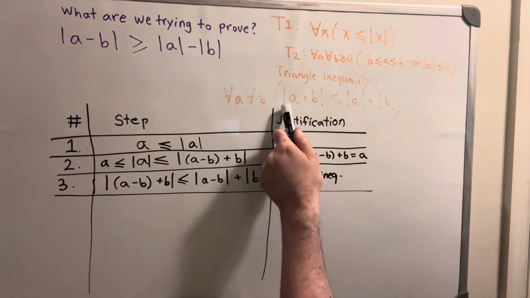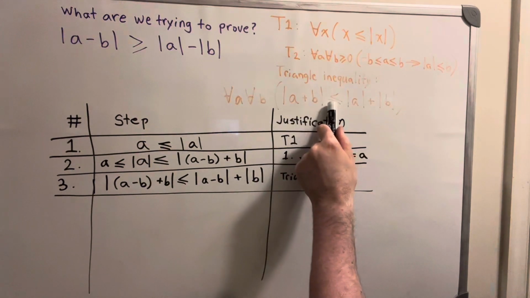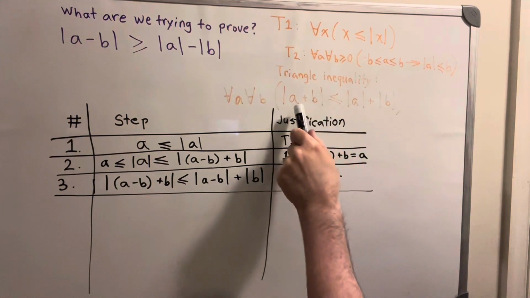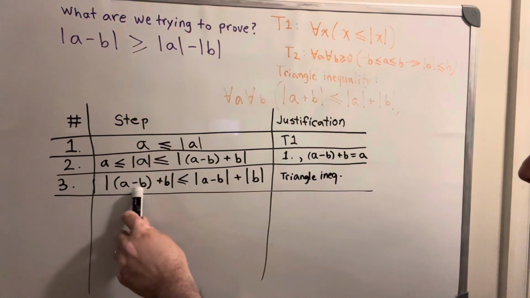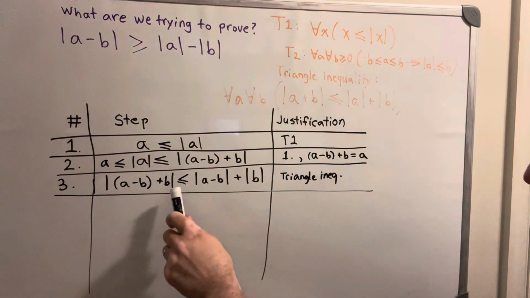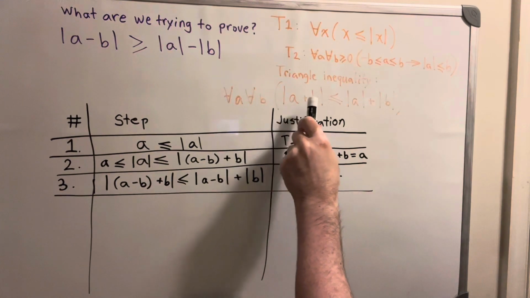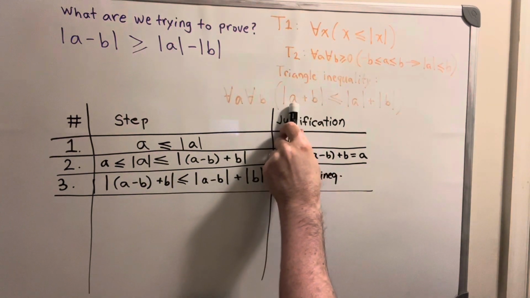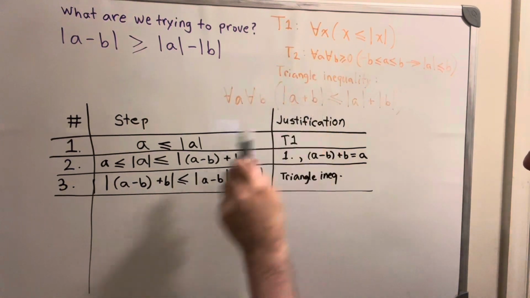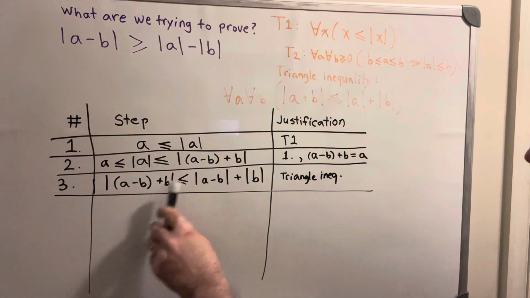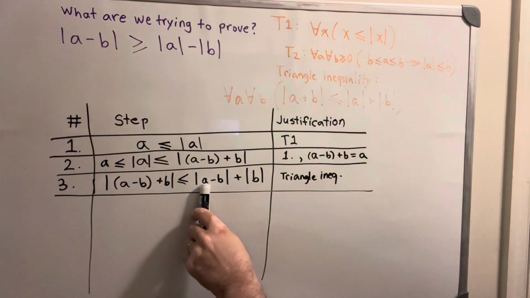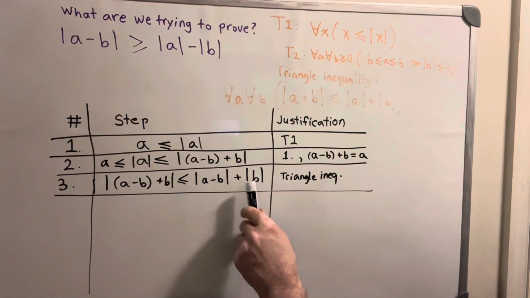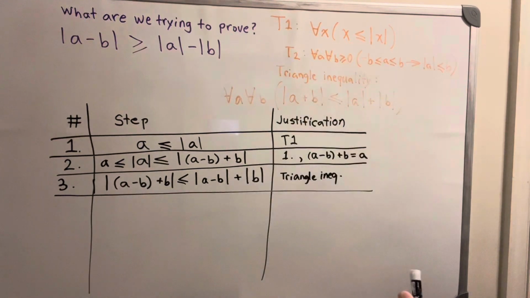Now remember, this says that the absolute value of some A plus some B is less than or equal to the absolute value of A plus the absolute value of B. Now let's rewrite this using, instead of just an A right here, the symbol A minus B. And for B, we'll still use B. We're saying this is A minus B, and this is B. So everywhere you see an A, replace it by an A minus B. So here we have the absolute value of A minus B plus B is less than or equal to the absolute value of A minus B plus the absolute value of B. So as you can see, this is a form of the triangle inequality right here.